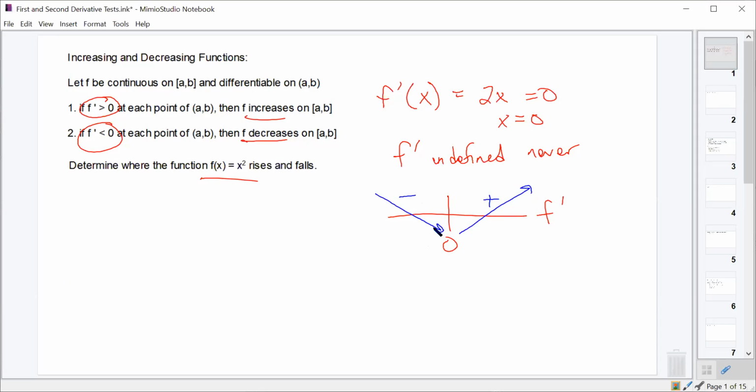And we see that we have a minimum at x equals 0, right? And we have a function that is decreasing from negative infinity to 0, and a function that is increasing from 0 to infinity.